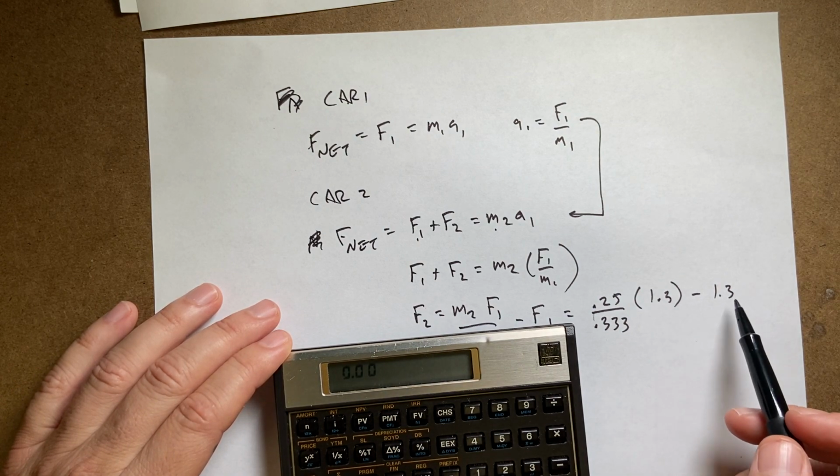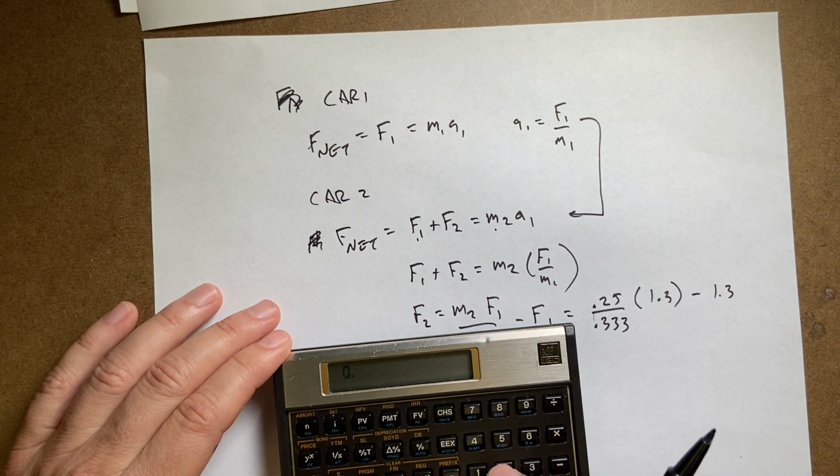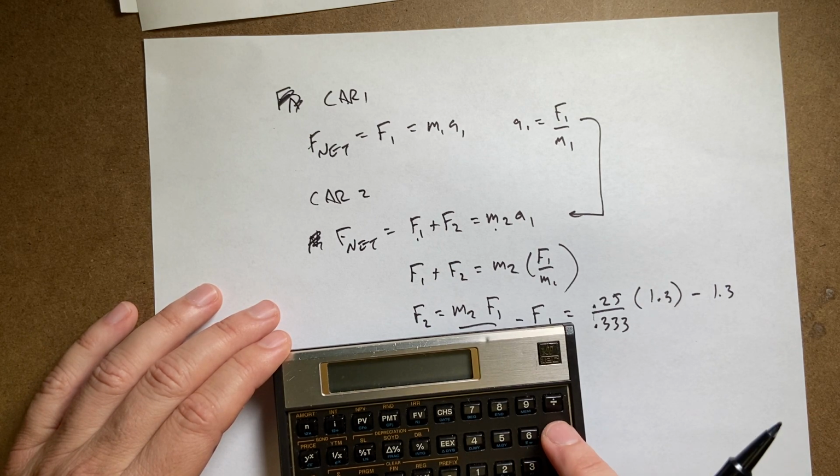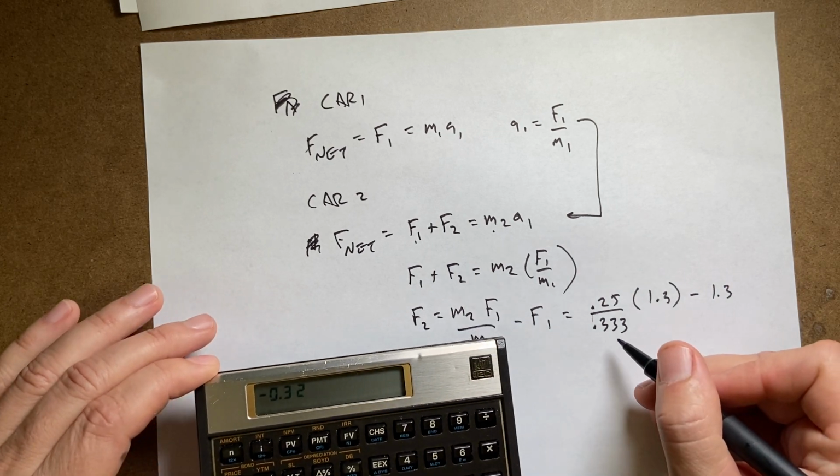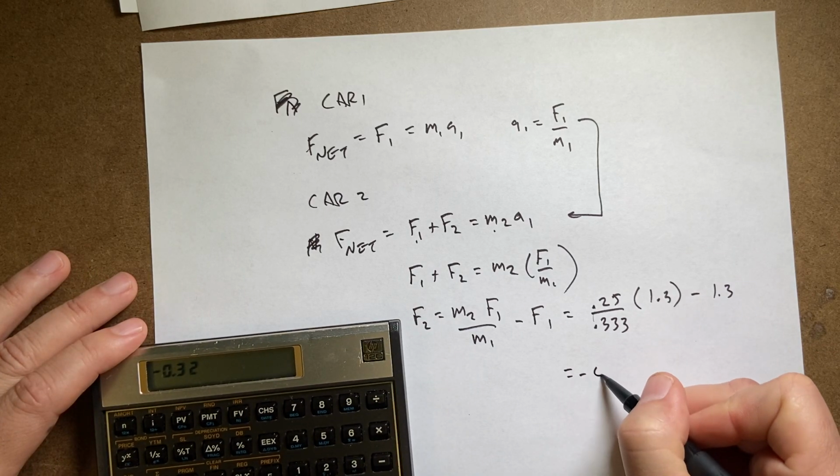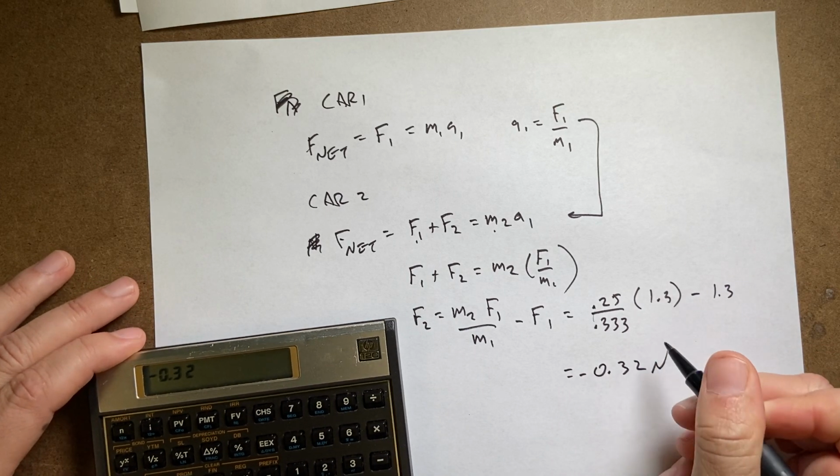Okay, so I need to calculate this number: 0.25 divided by 0.333, times 1.3, minus 1.3, and I get negative 0.32 newtons.